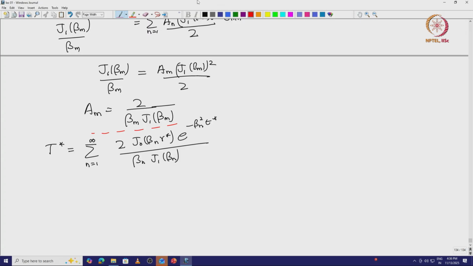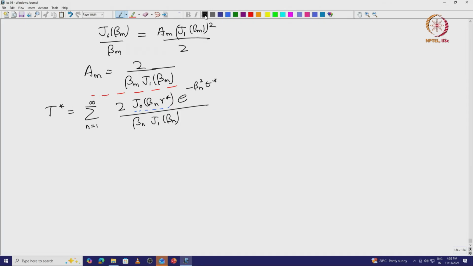So, I should note that in each of these cases we have expanded the temperature field in what is called a complete and orthogonal function space. In the Cartesian coordinate system, this was sine of i pi z, and in the cylindrical, this was J0 of beta n r.